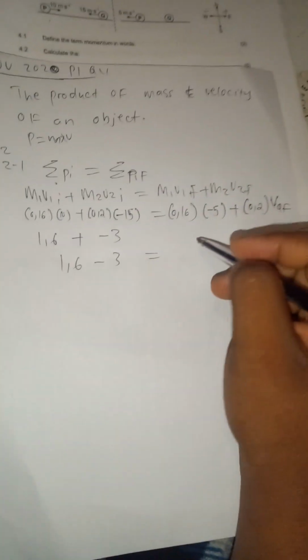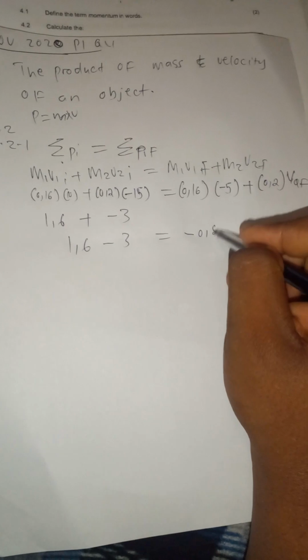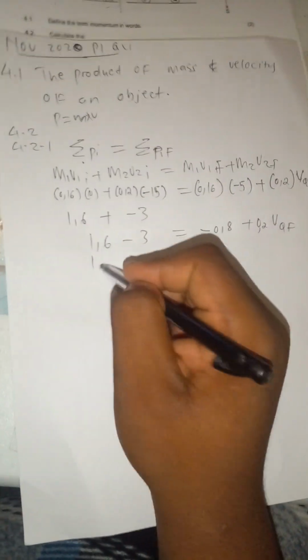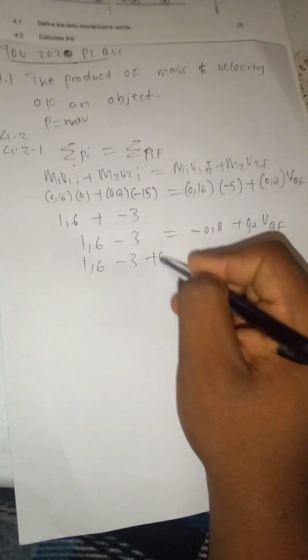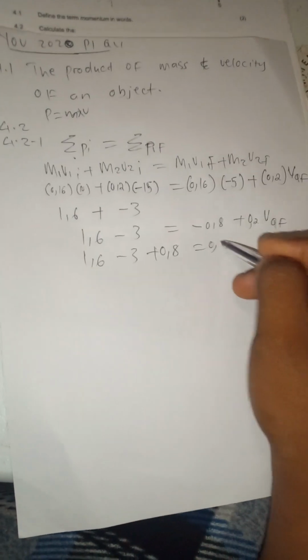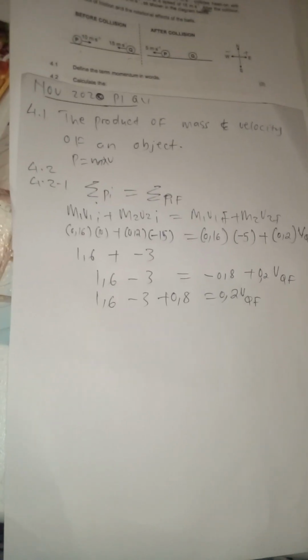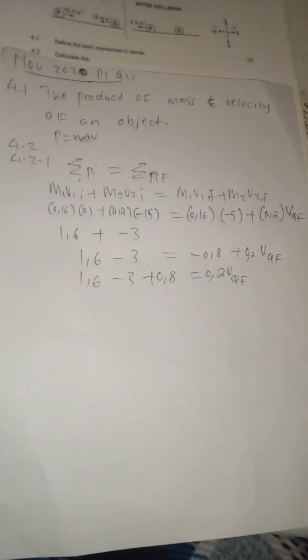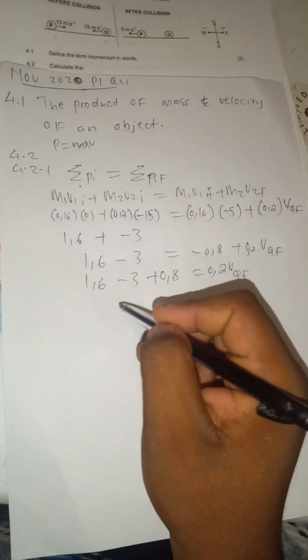So negative 0.8 plus 0.2 VQf. Let me do my math. 1.6 minus 3 plus 0.8 is equal to 0.2 VQf. I'm taking everything to this side, and 0.8 was negative on that side, so it will be negative 0.6.